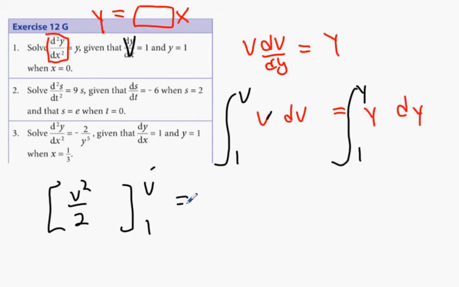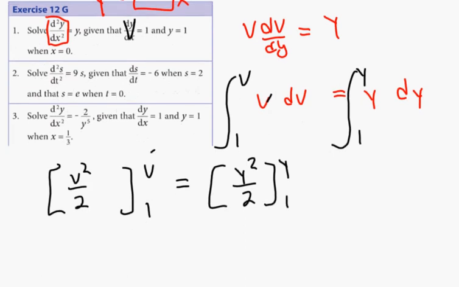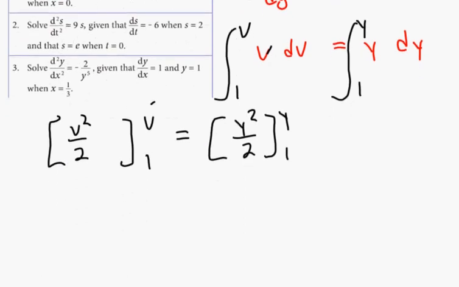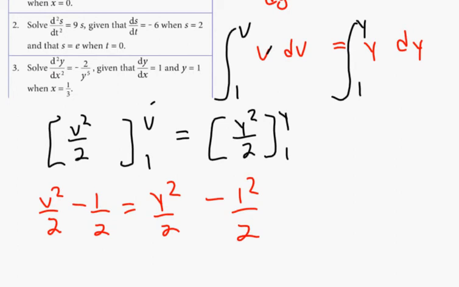And then on the right hand side, y squared over 2, from 1 to y. Okay, what happens next, guys? Okay, so phi squared over 2 minus 1 squared over 2. The 1 squared over 2 is basically a half. No worries there. And what about the second part? y squared over 2 minus 1 squared over 2, 1 squared over 2 also being a half.